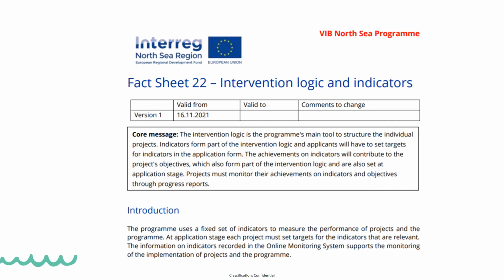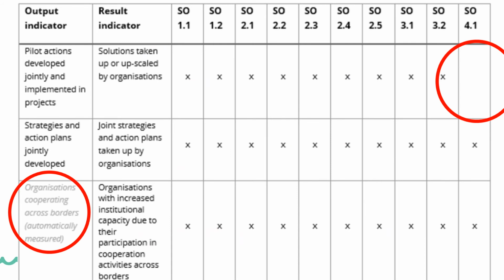What we have referred to in the previous slide is the fact that there is an exception to the number of indicators when applying in priority 4. And we have a little overview that is taken from fact sheet 22 that illustrates this exception. This table is again underlining the connection between all output indicators and result indicators we are having in our NOSI program.